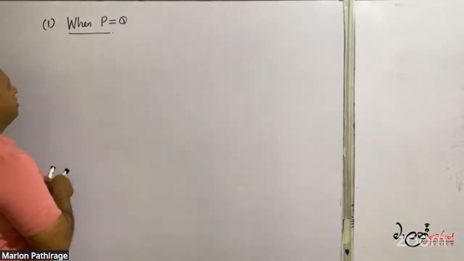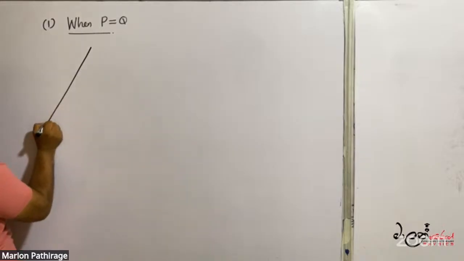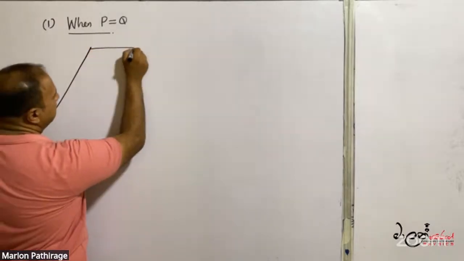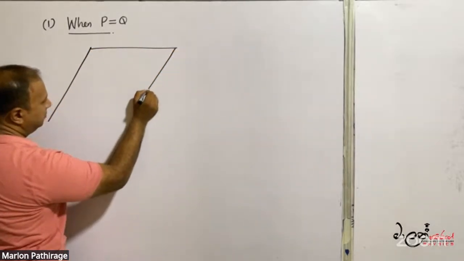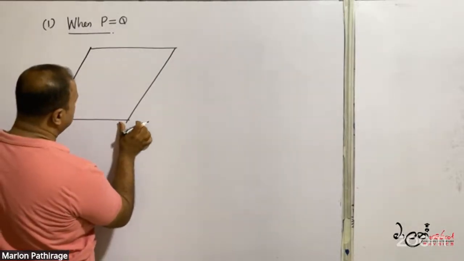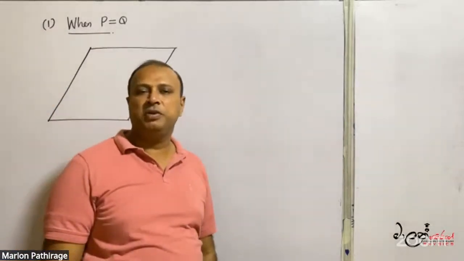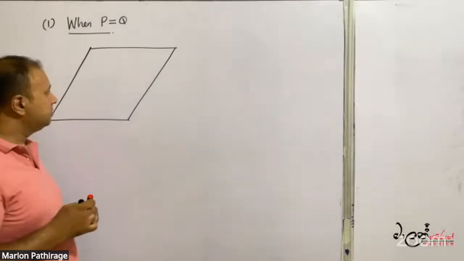Therefore, when P and Q are equal to each other, then the parallelogram should be a rhombus.